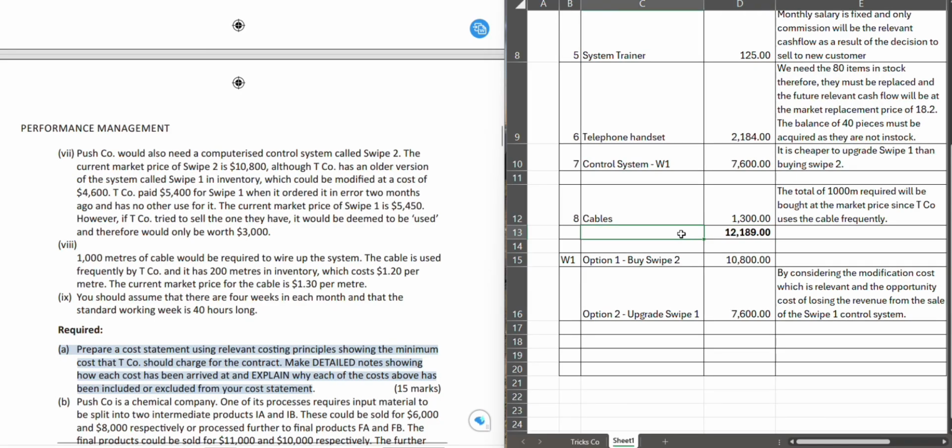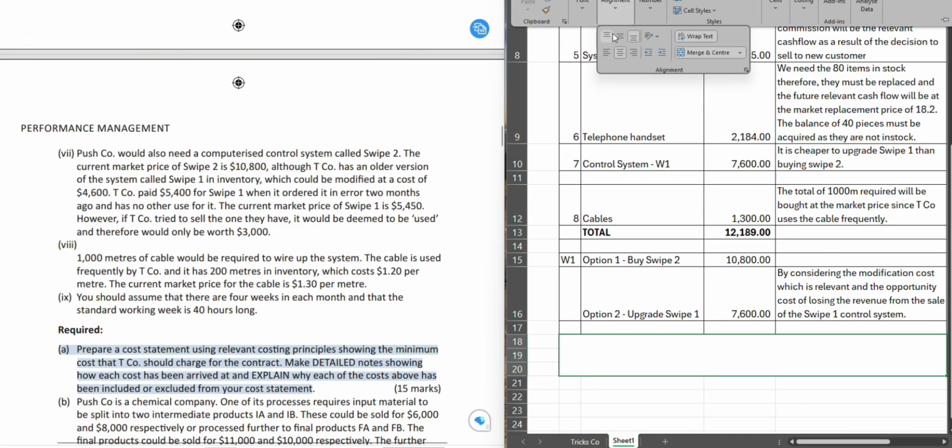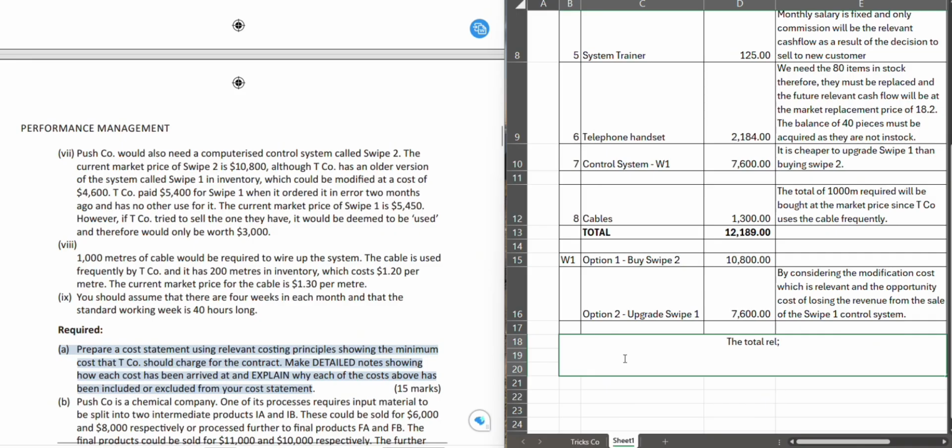12,189. So what we are saying is that the minimum price we should be quoting will be 12,189. But obviously it won't be 12,189 because we also need to make money, right? We are not a charity organization. But the total relevant cost is 12,189.